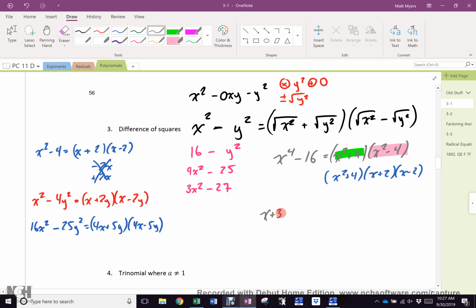X plus 3 squared minus 9. No, wait. Let's go minus 16, because I realized I did something stupid there. So close.